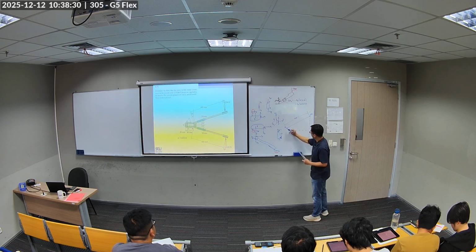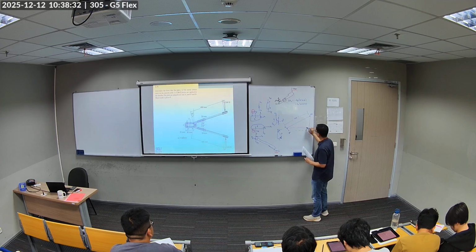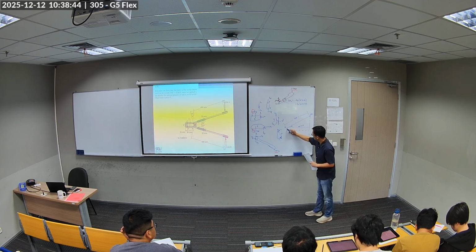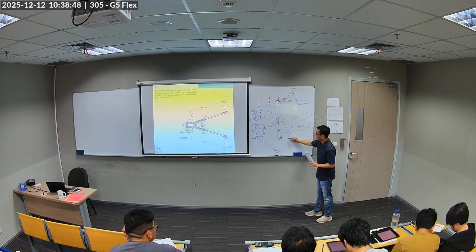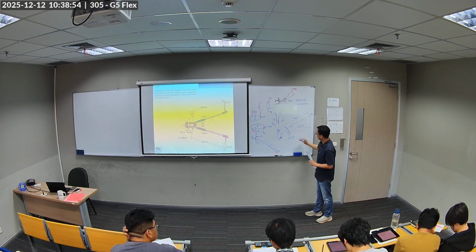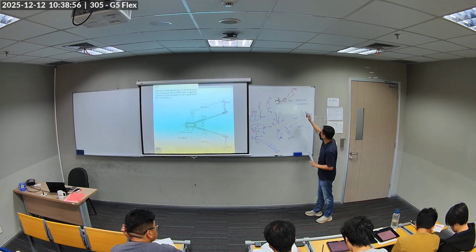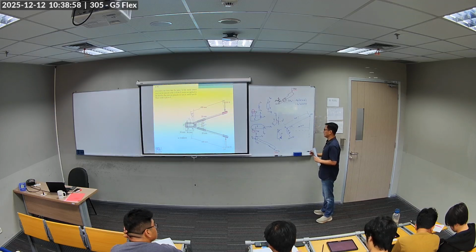I'm gonna do this distance, which is 400. This is 20, which is 400 cosine of 20 minus that tiny piece, which is 20 cosine 70, or 20 sine of 20.